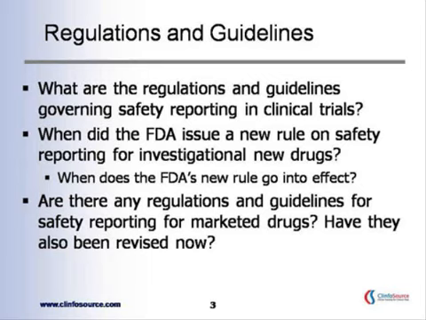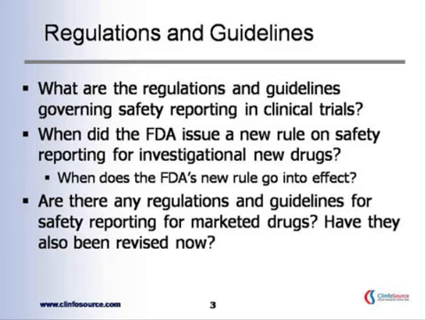For bioequivalence and bioavailability studies, such as for generic drugs, the regulations under 21 CFR 320 apply. Requirements for adverse experience reporting for biological products are found at 21 CFR 600.80.